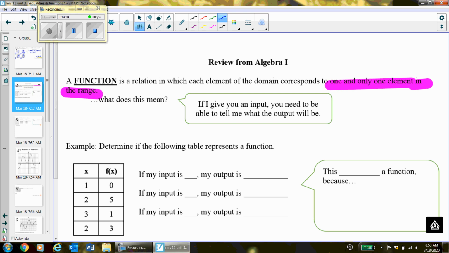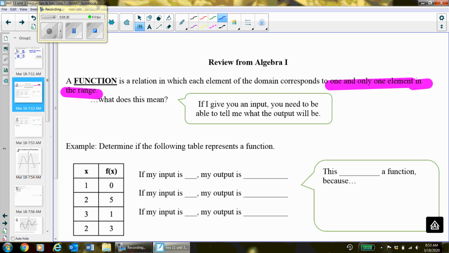So if I say (2, 3) is a coordinate, then 3 can only be the y value for an x value of 2. 2 cannot have another y value of 5, because it already has a y value of 3. So that's just explaining the one and only element in the range value.